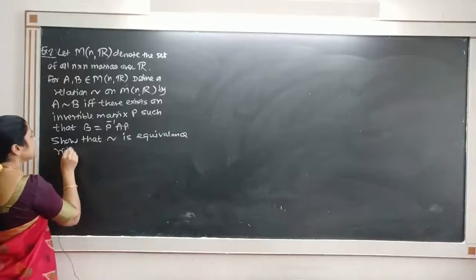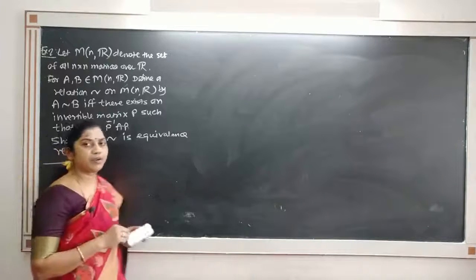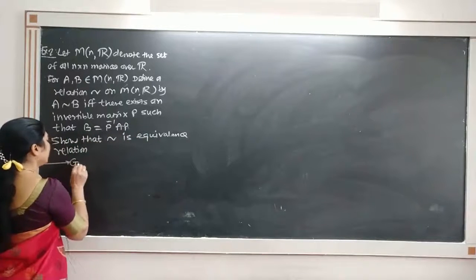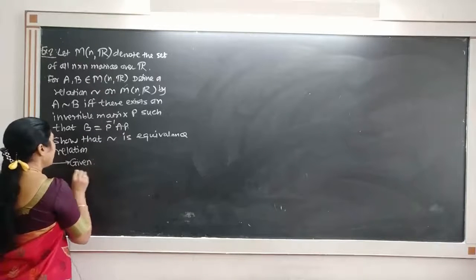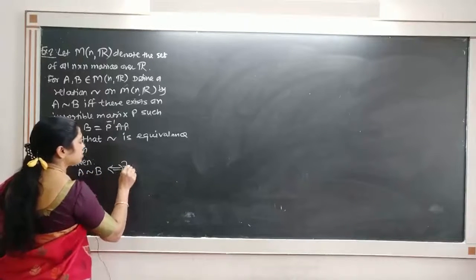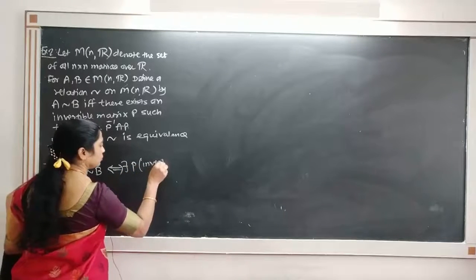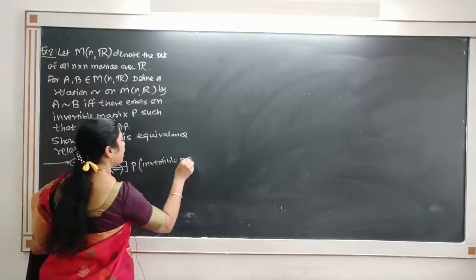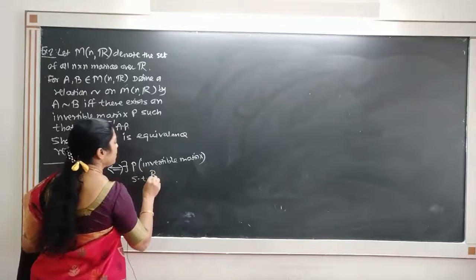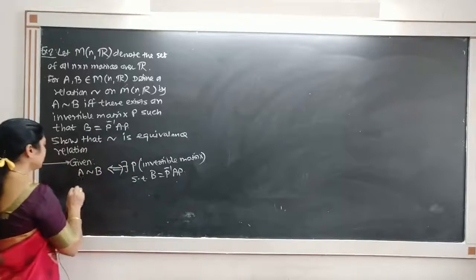Showing that it is an equivalence relation means we want to prove that it is reflexive, symmetric and transitive, all three. So consider what is given. A is related to B if and only if there exists an invertible matrix P such that B is equal to P inverse A P. Consider the first one.